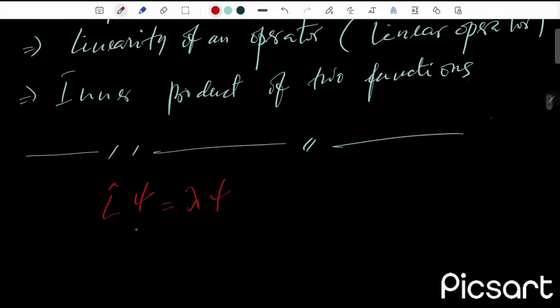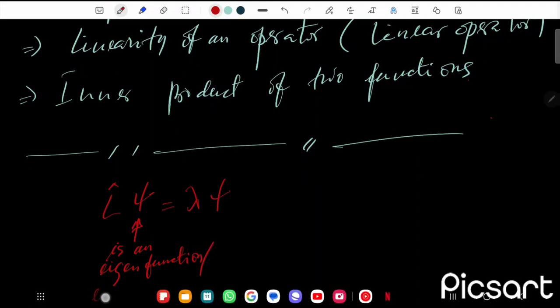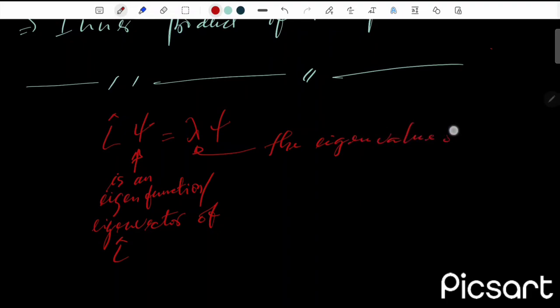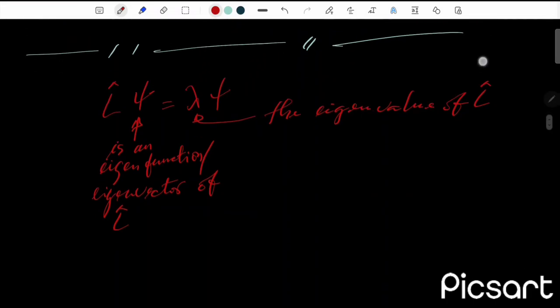Then we say that psi is an eigenfunction or eigenvector of L, and we call lambda the eigenvalue of L. Here lambda can be discrete or continuous.